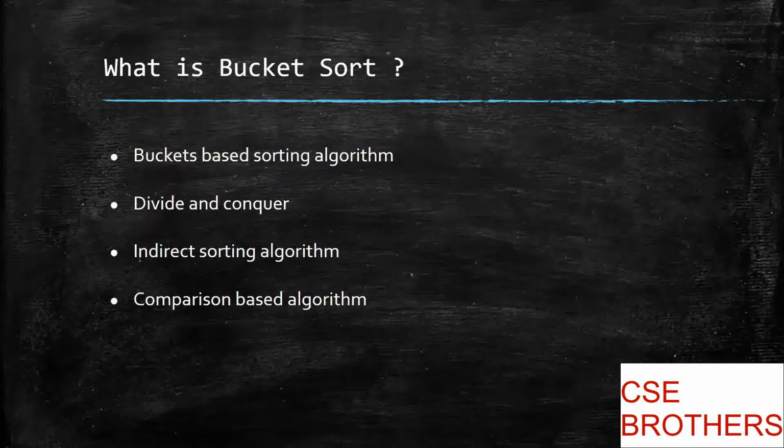To sort each bucket, we are using some other sorting algorithm, in our case insertion sort. So bucket sort can be considered as an indirect sorting algorithm, and the algorithm used to sort each bucket individually can be comparison based. So bucket sort can indirectly be called a comparison based algorithm.